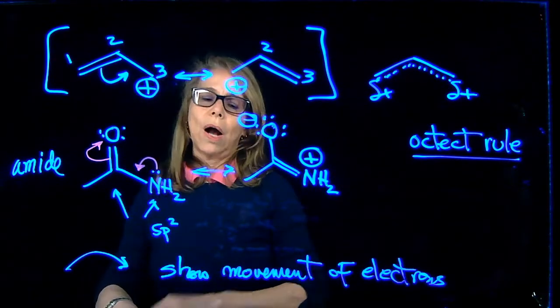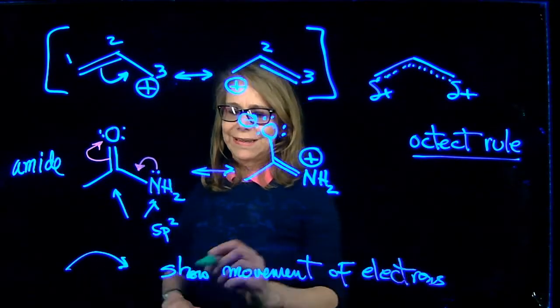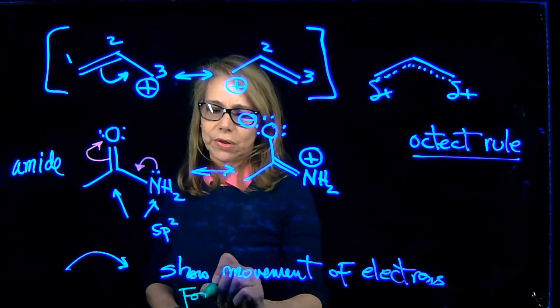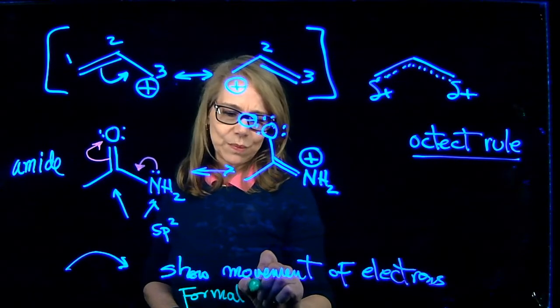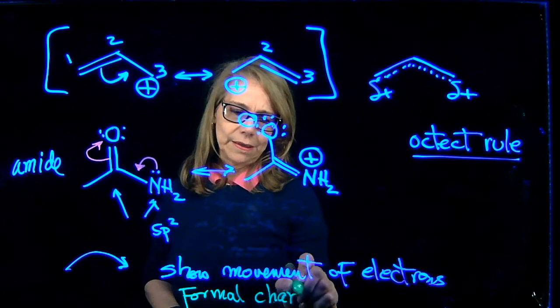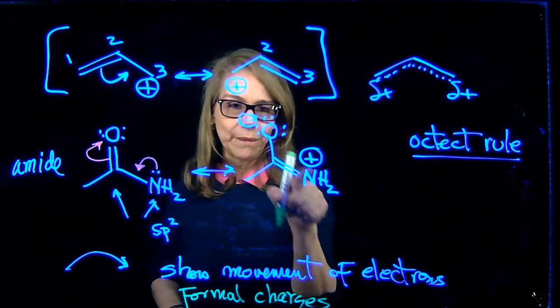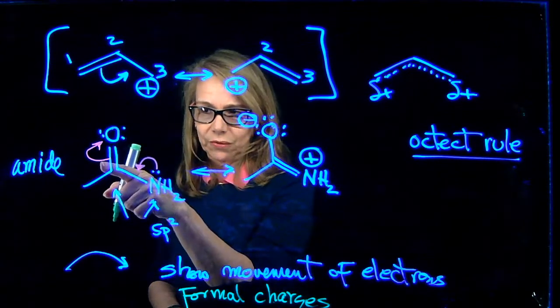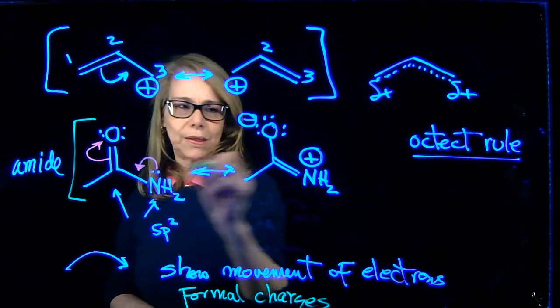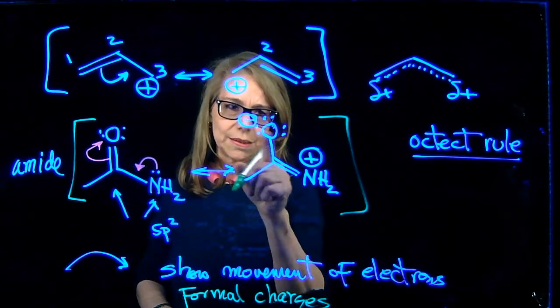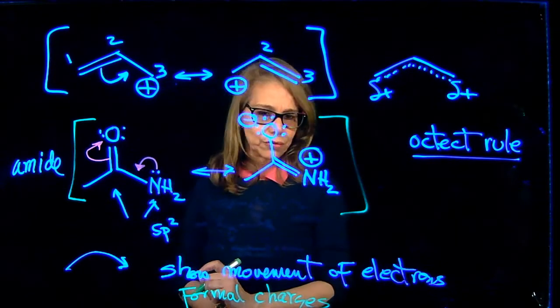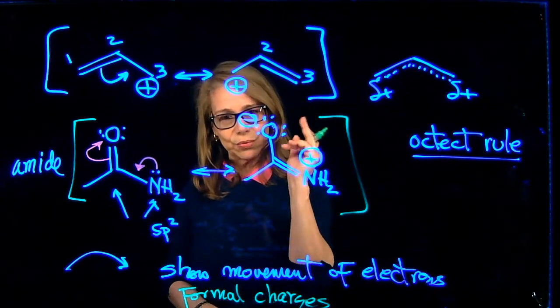So arrows show the movement of electrons. Keep track of the formal charges. If you started with something that had no charges, the sum of the charges here will need to be equal to that. Here it is a plus and a minus, and here I have 0 charge. So these are my 2 resonance structures.